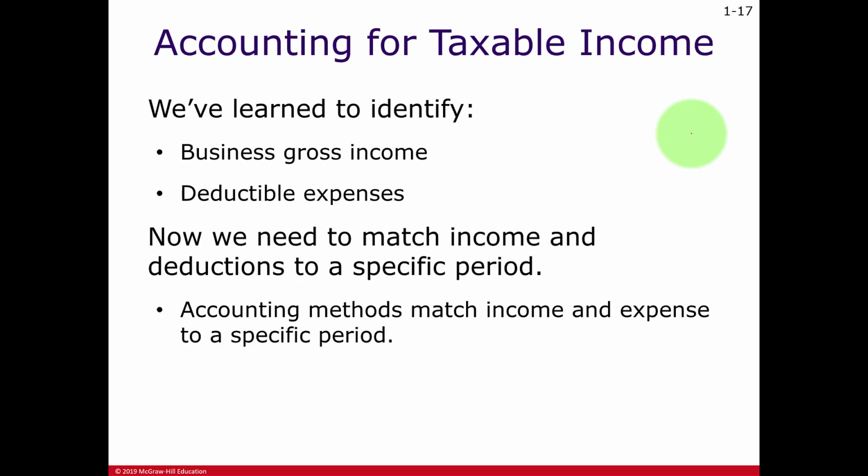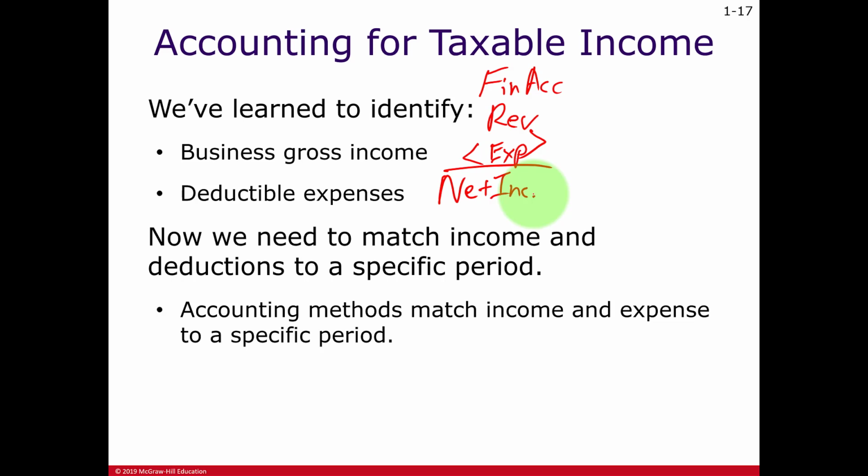So here's some terminology. In your previous accounting classes, you learned financial accounting rules and you reported revenue and subtracted out expenses to get a company's net income or net loss.